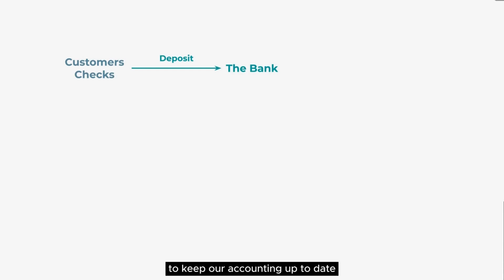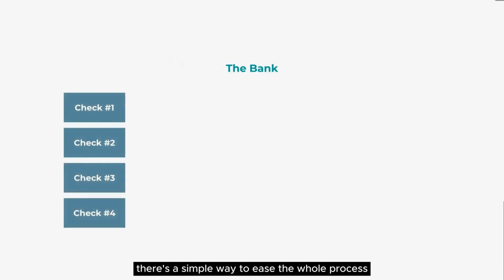To keep our accounting up to date, as we have seen together in another lesson about reconciliation, it's recommended to record the payments as soon as we get them, and reconcile these payments with our bank statements afterward. Since we receive many checks, there's a simple way to ease the whole process.